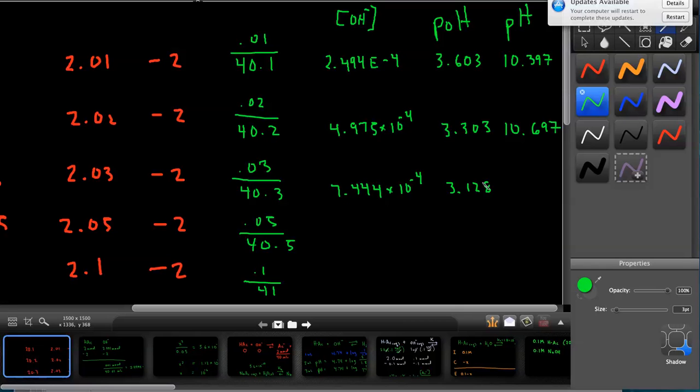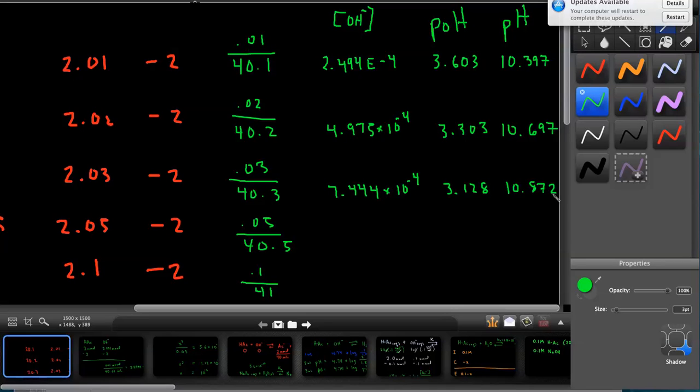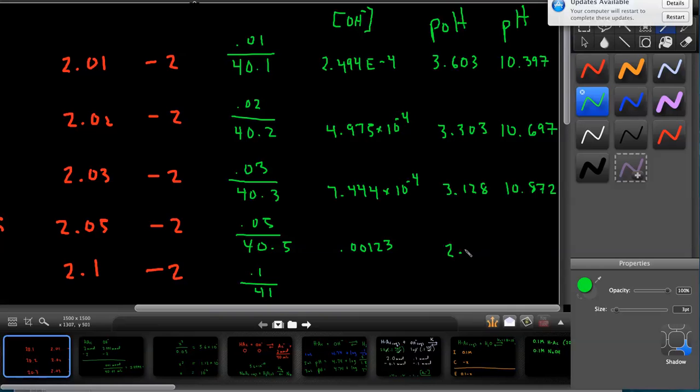So our pH is 10.872. 0.05 divided by 40.5 is 0.00123. pOH is 2.908. pH is 11.092.